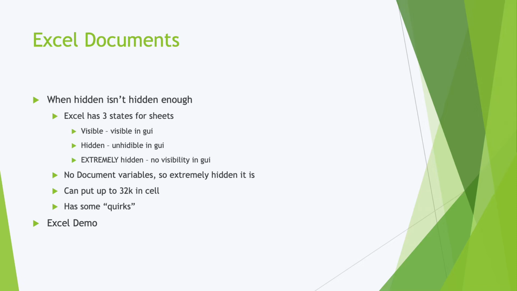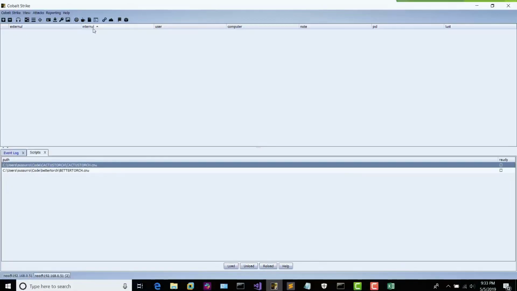The problem is Excel has some quirks, and if anybody's ever worked with Excel, you know that putting certain special characters at the front of fields means certain things, like a plus sign means add this, or an equal sign means something very specific. That is cool and all, but base64 has plus signs and equal signs. So you have to give it a little bit of attention to make sure you're not doing something stupid along the way. So let's take a look at how this works under Excel.